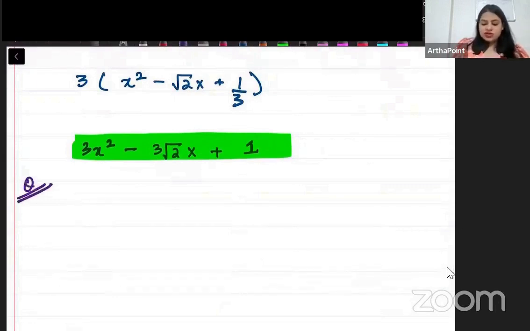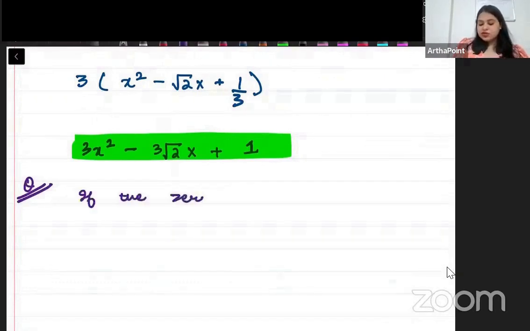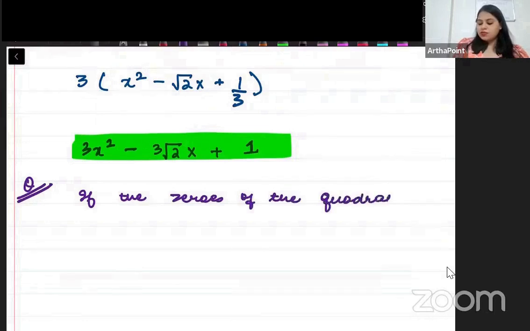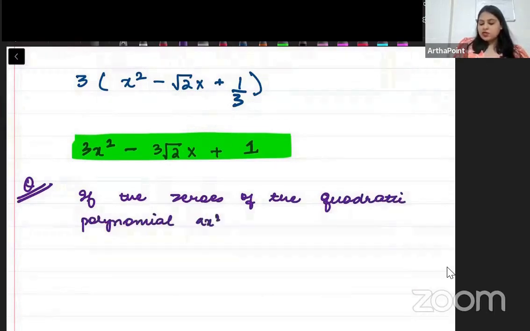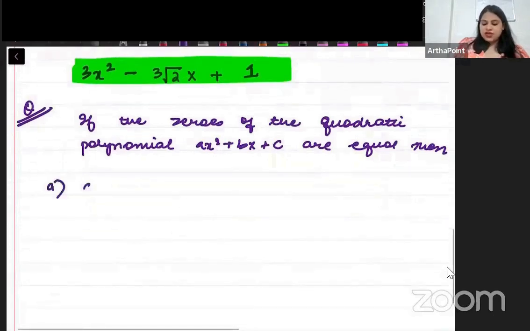So the question is: if the zeros of the quadratic polynomial ax square plus bx plus c are equal, then first, c and b have opposite sign.